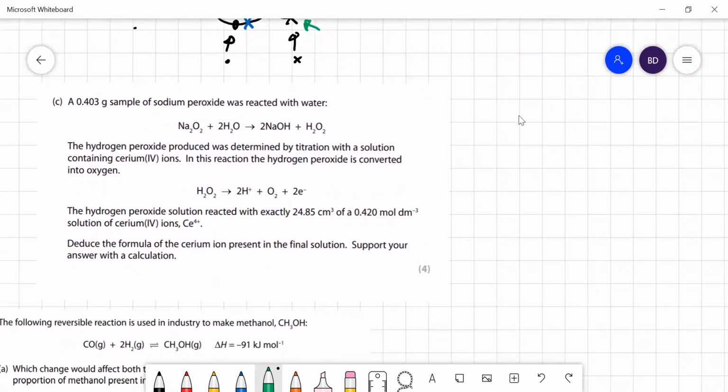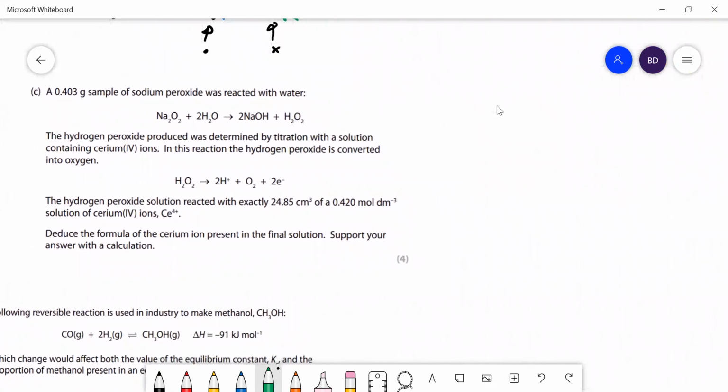Right, sodium peroxide reacted with water. Okay, the hydrogen peroxide produced, let's have a look at that then, was determined by titration with a solution containing cerium ions.